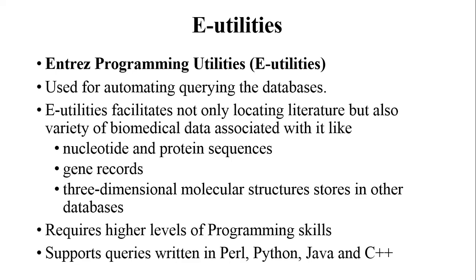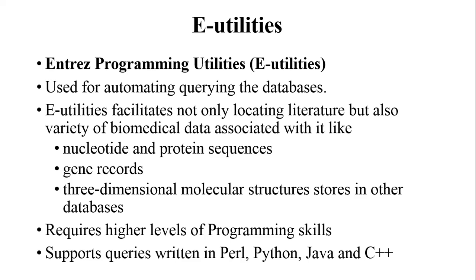These e-utilities not only allow you to locate the literature, but you can also figure out what kind of biomedical data is associated with it. Say, if there is an abstract in PubMed that links to some receptor or protein, then it might be associated with a nucleotide gene sequence, a protein sequence, or a gene record.